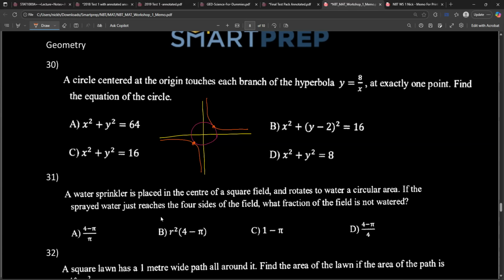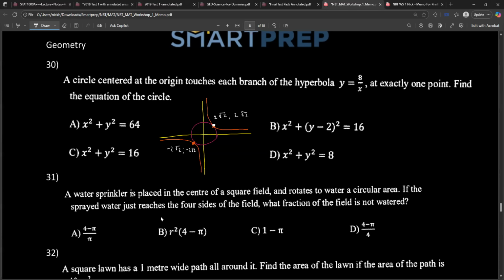Basically what this says is you have a circle centered at the origin like this, and a hyperbola looks like this. As I said, you're expected to kind of know this stuff. But what we know is that if this is 8 over x, then these values here will be 2 root 2 and 2 root 2, and negative 2 root 2 and negative 2 root 2.